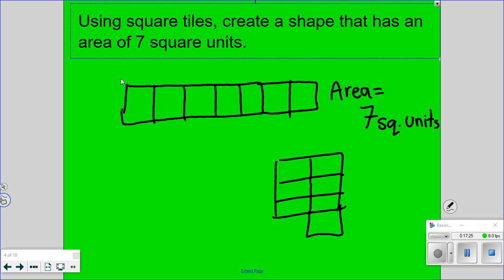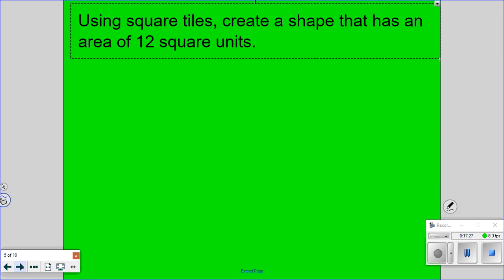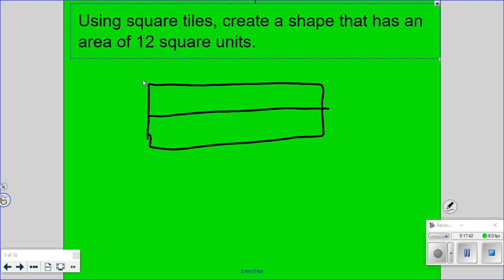All right, let's try a new shape. Using your square tiles, make a shape with an area of 12. All right, I saw some really cool shapes. I saw shapes that looked like this. We had 2 rows in our shape.